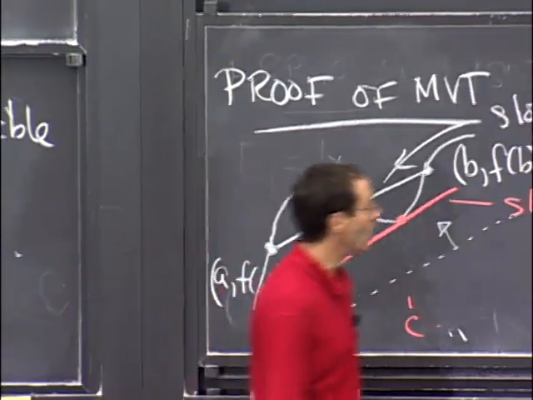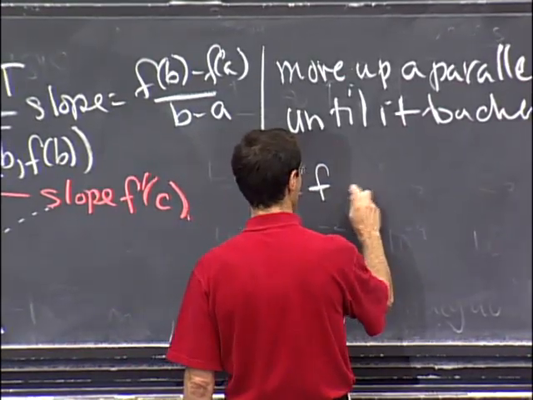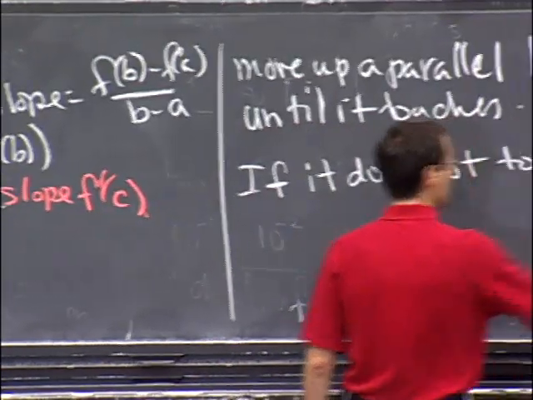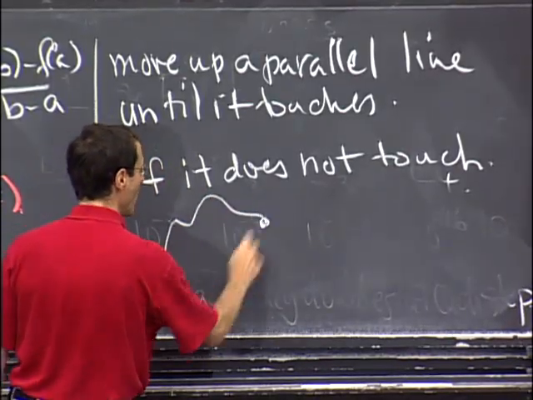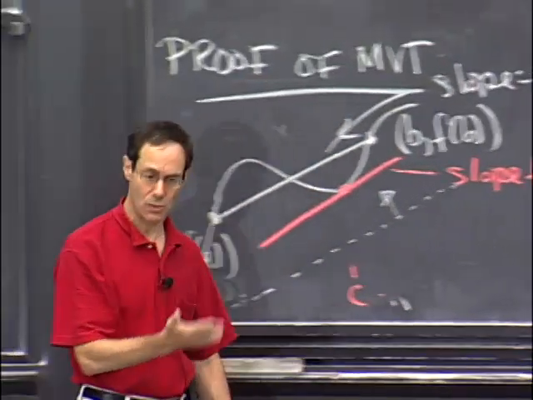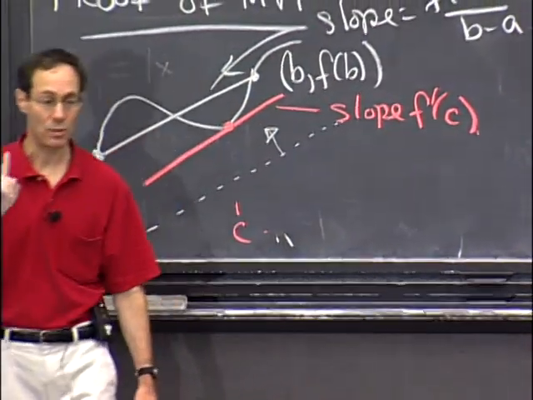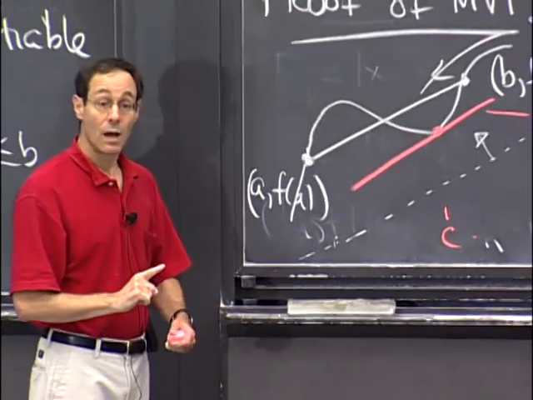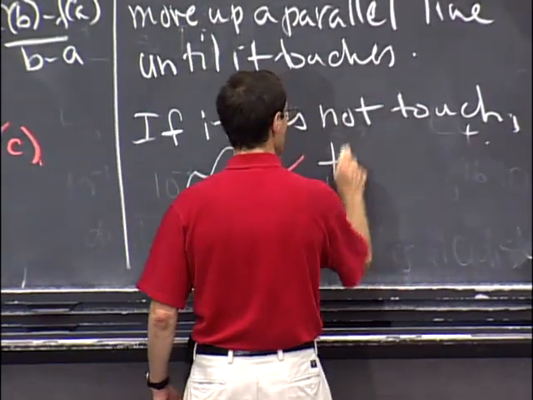But there is one thing that can go wrong. If it does not touch, then the picture looks like this. Here are the same two points, and the graph is all above. And we brought up our line, and it went like that. Okay, so we didn't construct a tangent line if this happens. All right, so we're in trouble in this situation. But there's a trick, which is a straightforward trick.